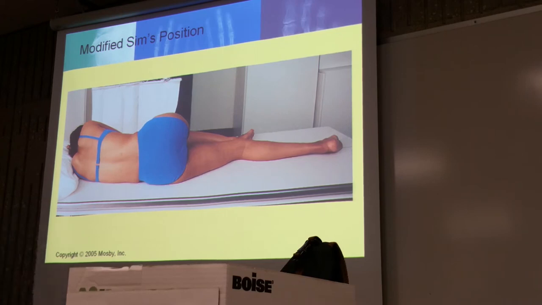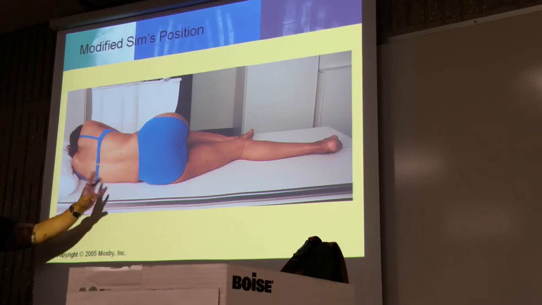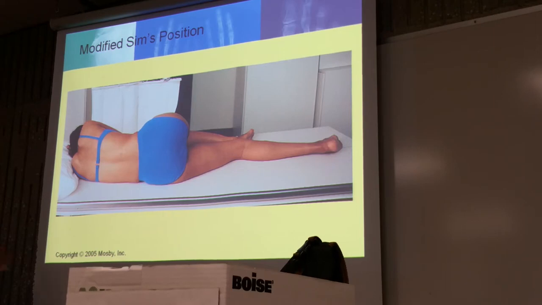That's a modified Sims. I'm sharing this particular position with you because this is the position that we most commonly do in one of our procedures. Can you guys think of what this would be? Exactly, when you put it in. We put our patients in the modified Sims position for the insertion of the enema tip to the rectum when we're doing a barium enema.